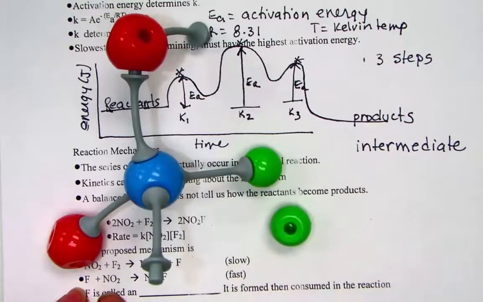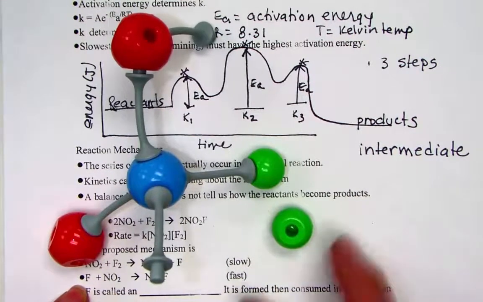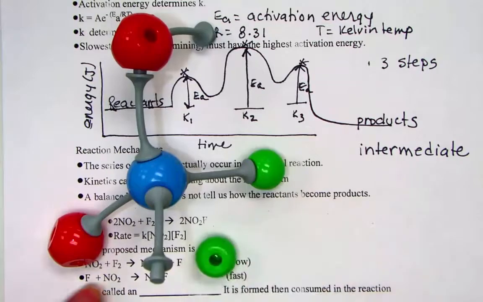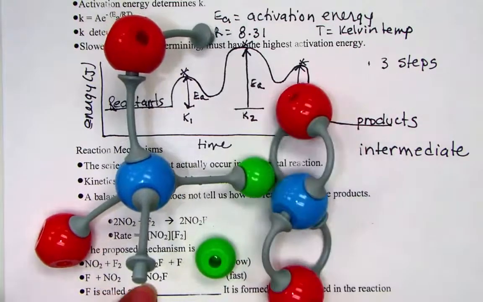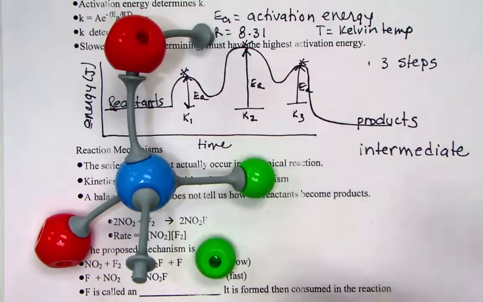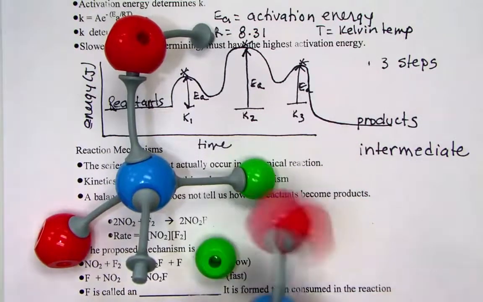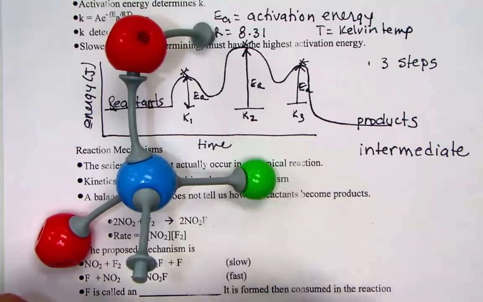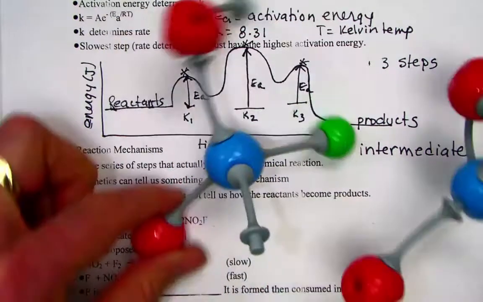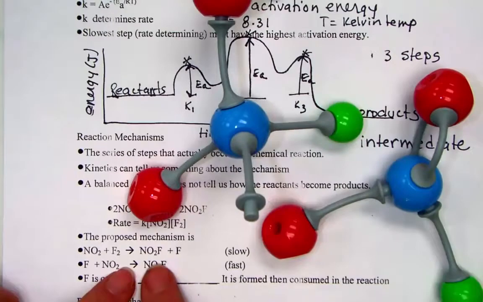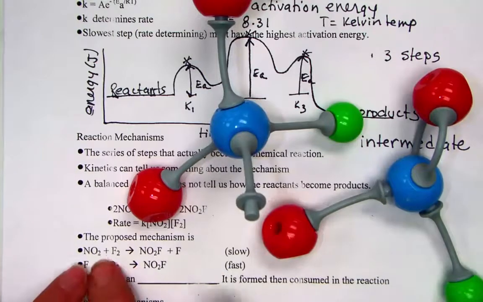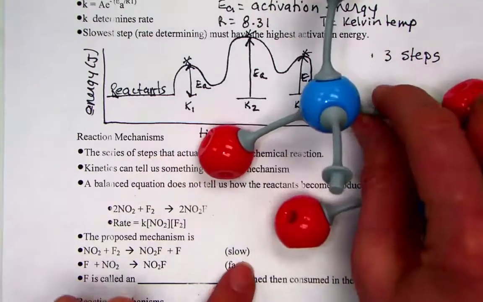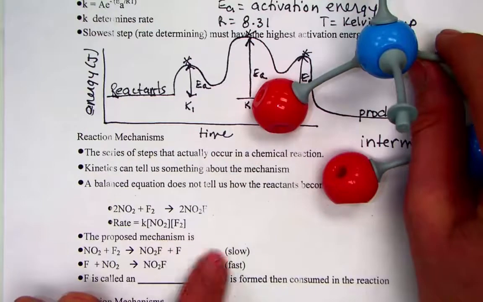If I look at the next step, this fluorine atom then collides with the second unit of NO2, giving us our next product. So again, if I break the bond, snapping on the next fluorine, we now see on the product side two molecules of NO2F. It happened in a two-step collision, where the first step, the slowest step, came directly from the rate law.